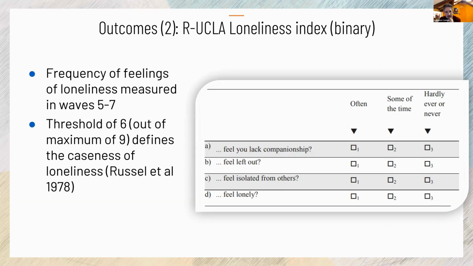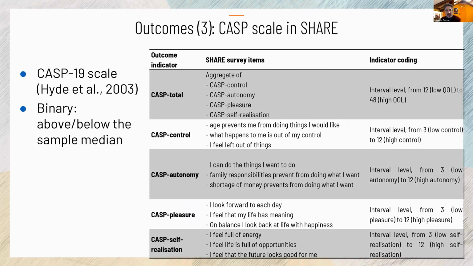We also use another externally validated measure of loneliness, the UCLA (University of California, Los Angeles) Loneliness Index. And also a more general measure of quality of life captured by the CASP index, which evaluates people's self-reported feeling of control over their lives, autonomy, pleasure in doing activities, and the extent to which they feel self-realized.